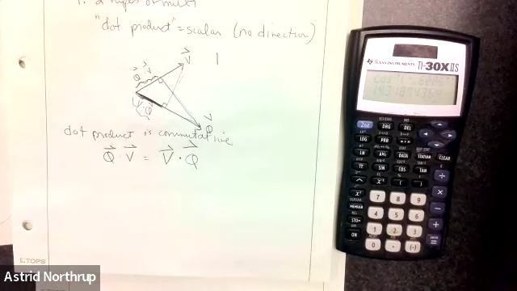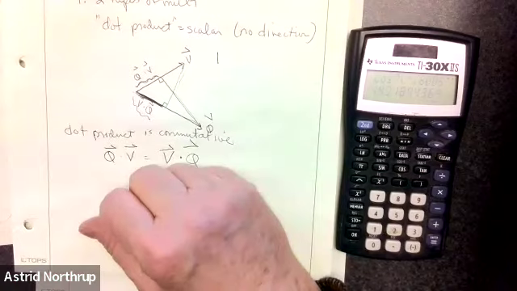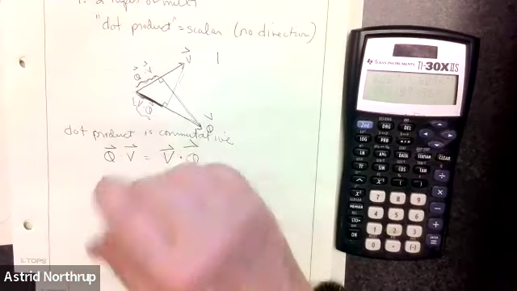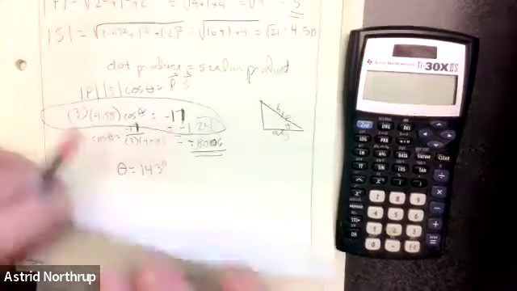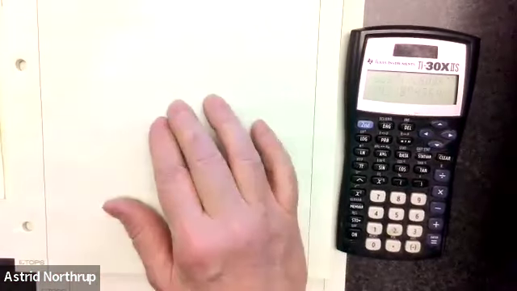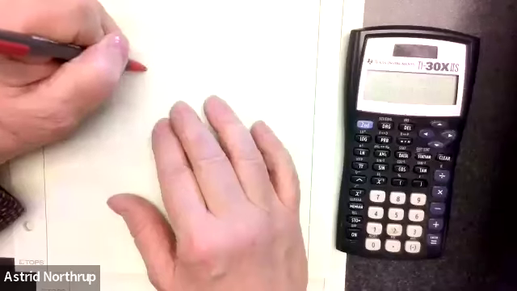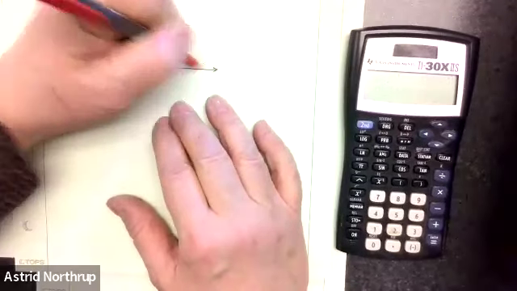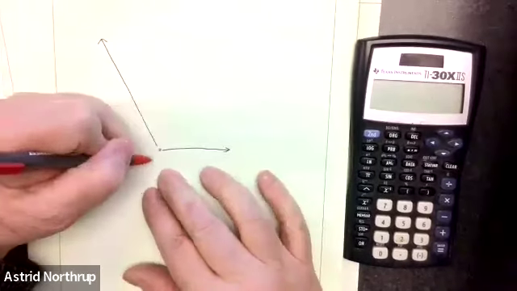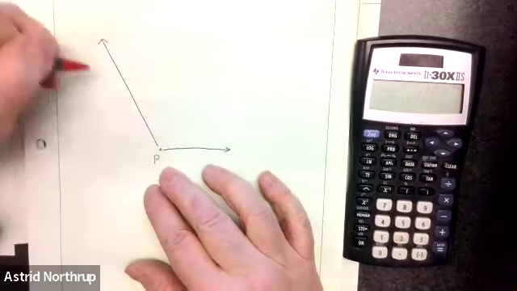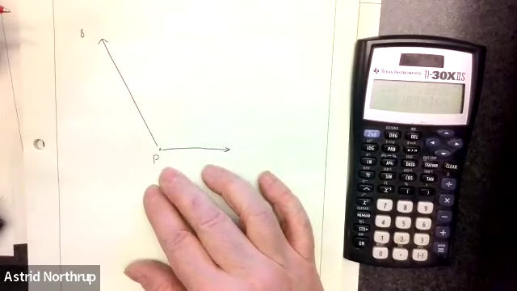Here's a very simple example. What would you use a dot product for? Well, let's say that you're going to travel from Powell to Billings, Montana.